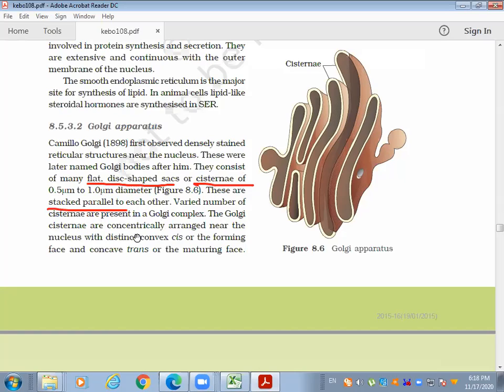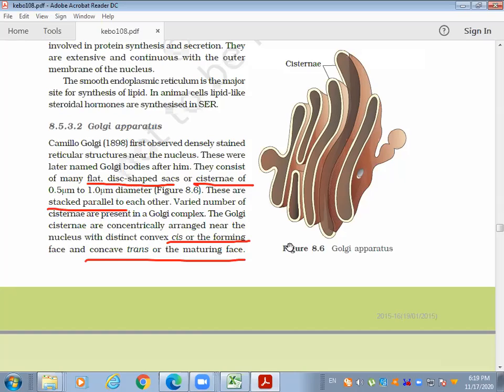The Golgi cisternae are concentrically arranged near the nucleus with distinct convex cis face, the forming phase, and concave trans face, the maturing phase.